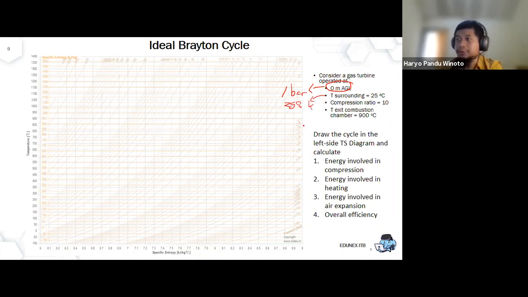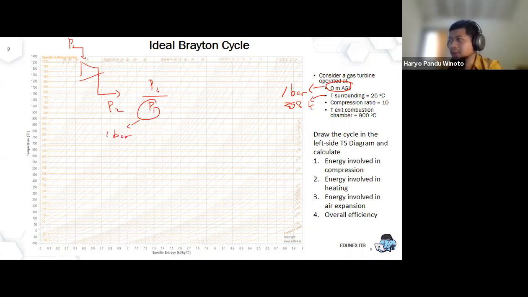Then compression ratio. So what is compression ratio? Okay, I have to draw it like this. You have here P1, you have here P2. So compression ratio is P2 over P1. So what is P1? It is 1 bar.